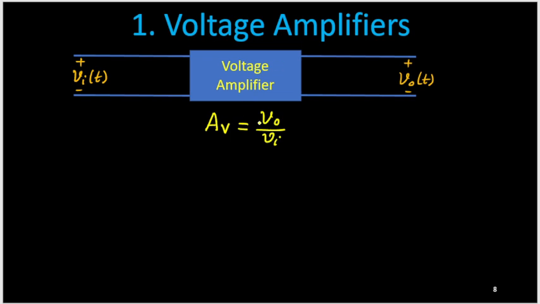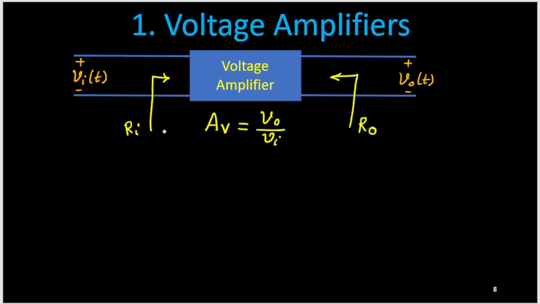Apart from this, we need to understand the input resistance looking from the input side for this amplifier, as well as another parameter, the output resistance looking from the output side, that I'll call Ro.